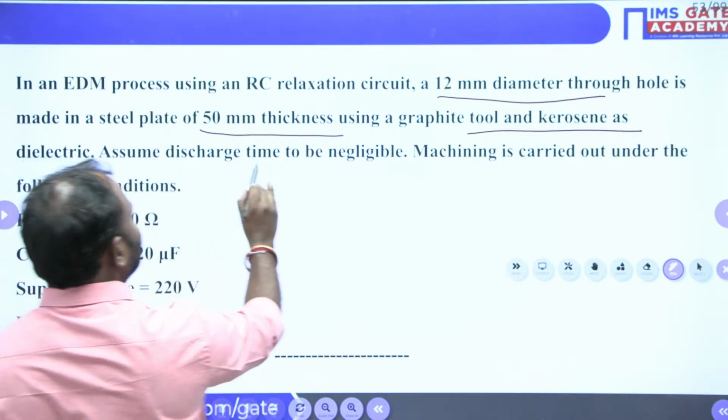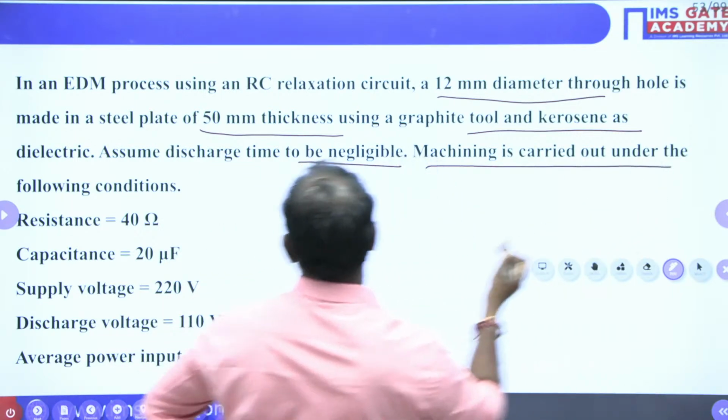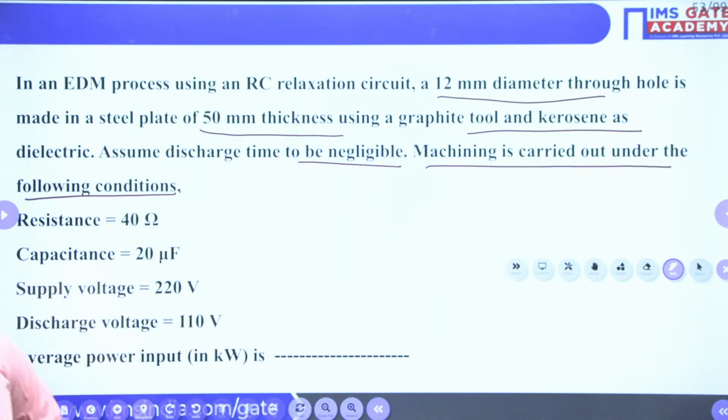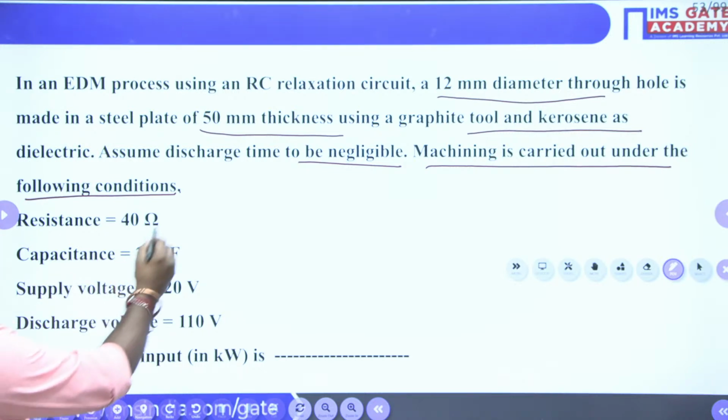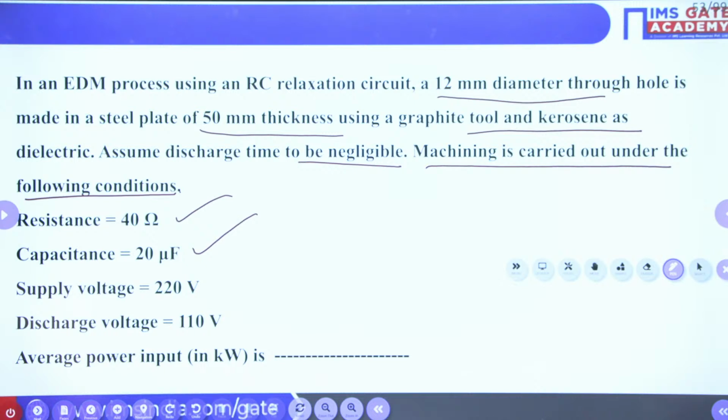Assume discharge time to be negligible. Machining is carried out under the following conditions. Resistance is 40 ohms, capacitance is 20 microfarad, supply voltage is 220 volts and discharge voltage is 110 volts. Find the average power input.